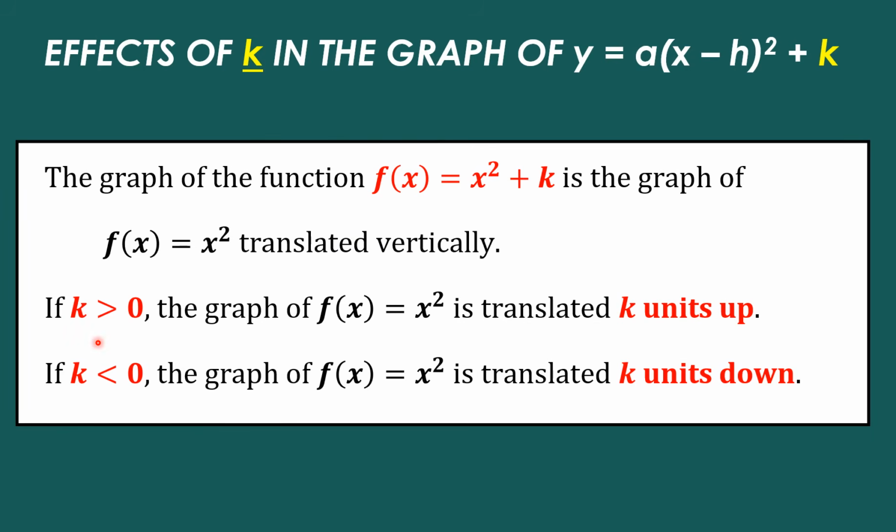If k is greater than 0, ibig sabihin positive, the graph of the parent function will be translated k units upward. But if the value of k is less than 0, meaning negative, the graph of our parent function is translated k units downward.